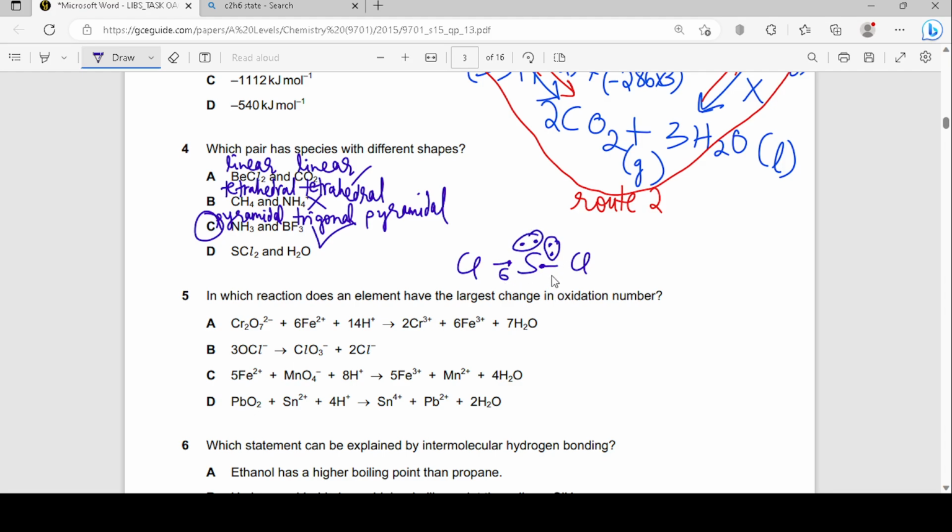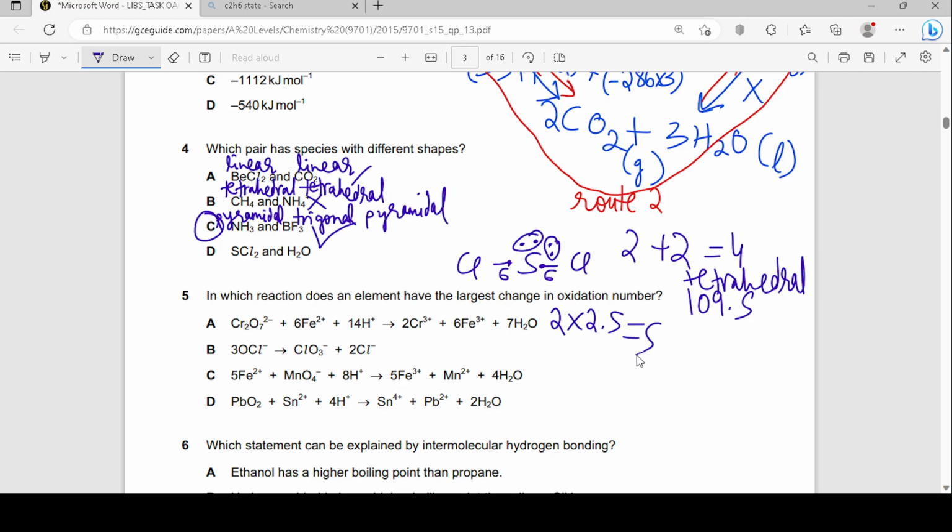And that means if you have two sigma bonds and two lone pairs, your total steric number is 4, right? So you predict the shape to be tetrahedral at 109.5 degrees, but because there are two lone pairs, your bond angle reduces by 2.5 times 2, so 5 degrees basically. So 109.5 degrees minus 5 degrees would end up being 104.5 degrees.